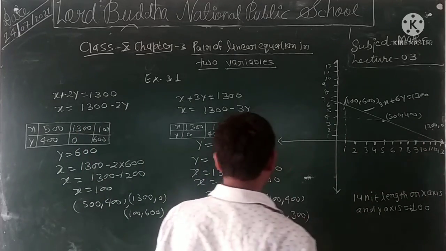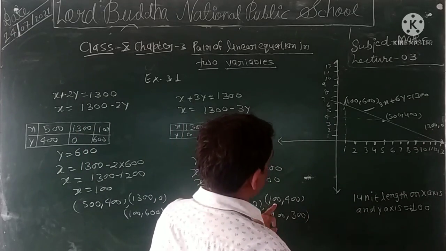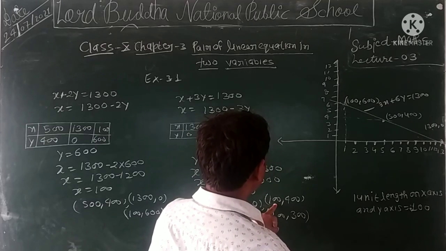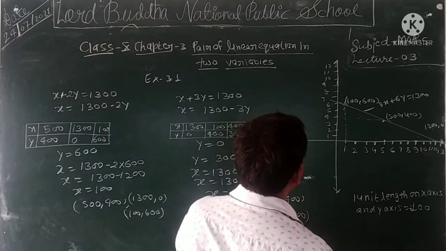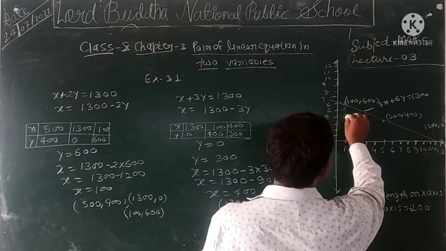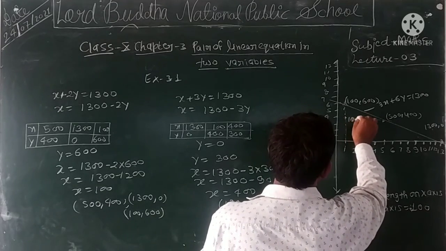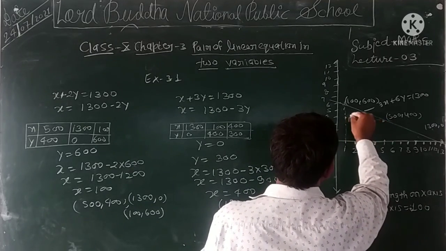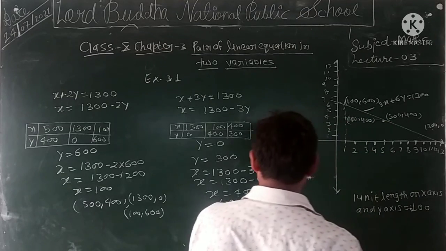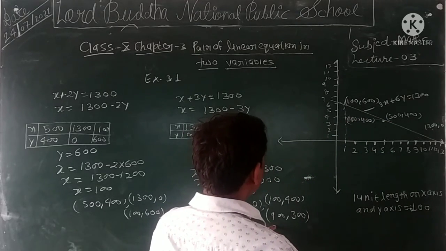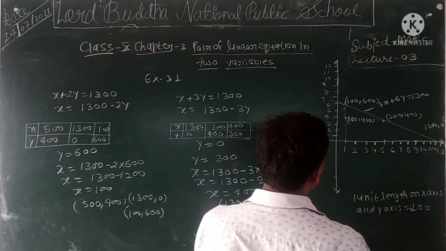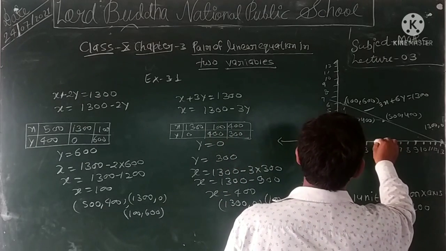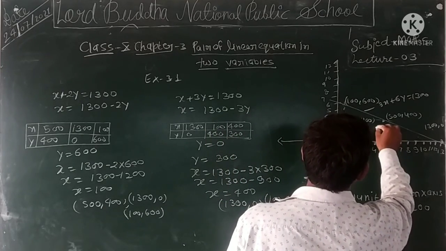This point will be same. After that 100 and 400. 100 and 400 means this point will be here. And next value is 400, 300. So 400 will be here and 300 will be something here.